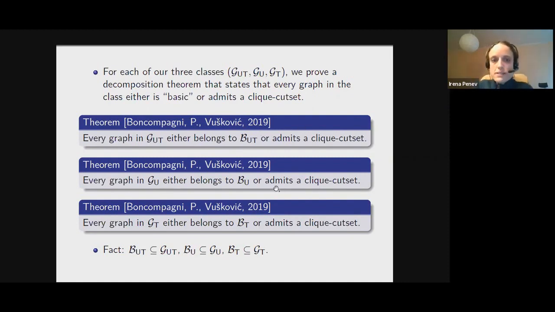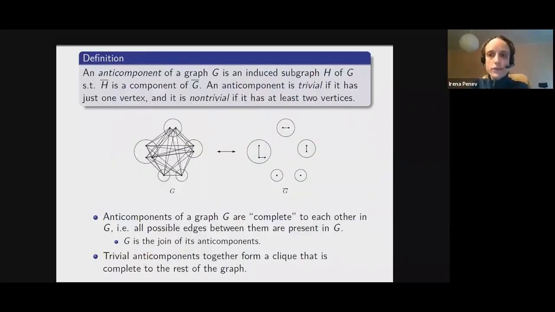And for the other 2 classes, it's the same, except that their basic classes are different. And I need to tell you what those are. Again, the shape of these theorems is the same. They all involve clique cut set decompositions, but the basic building blocks are different. And again, I haven't told you yet what those are. So I need to tell you what the building blocks are.